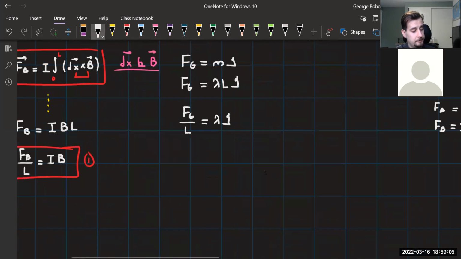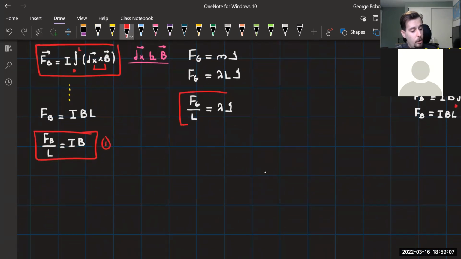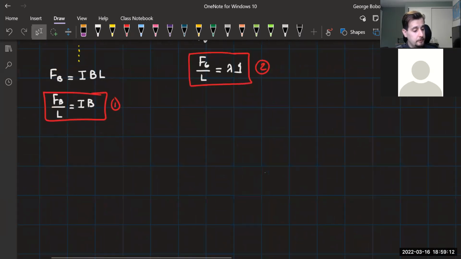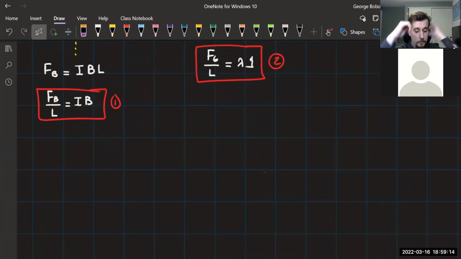You see that? Now, what do I want these two equations to be? I want to lift the wire off the ground. I want the magnetic force per unit length to be what compared to the gravitational force per unit length?